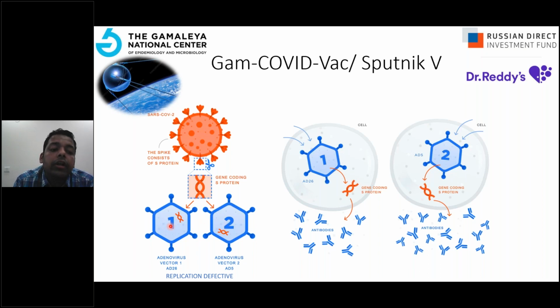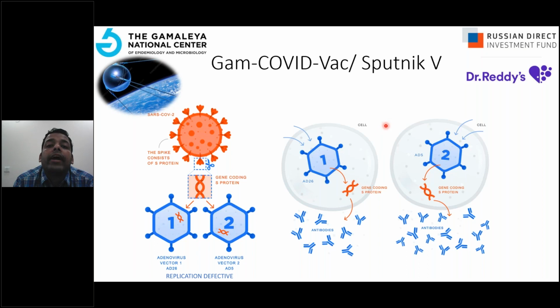In the first dose, it uses the vector AD serotype 26, and in the second dose, it uses AD serotype 5. So as a result, even if the body forms antibodies against adenovirus serotype 26, when the second injection is given, the vector has changed.